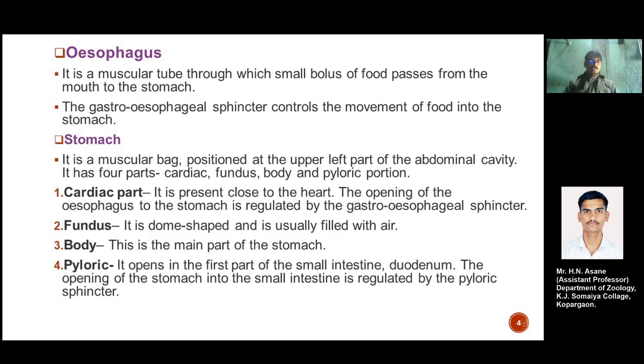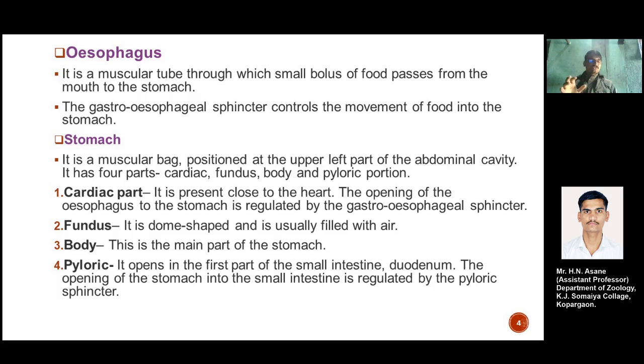Then comes the lamina propria, a layer of areolar or reticular loose connective tissue that contains fibroblasts, macrophages, lymphocytes, glands and fibers, along with lymphatic capillaries.